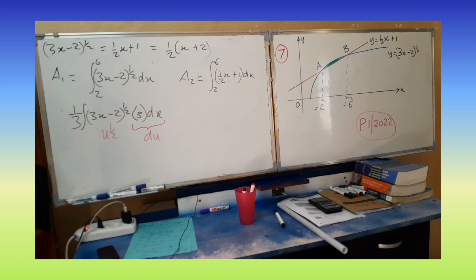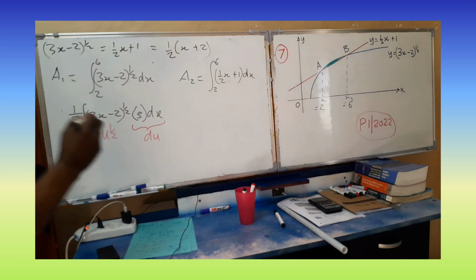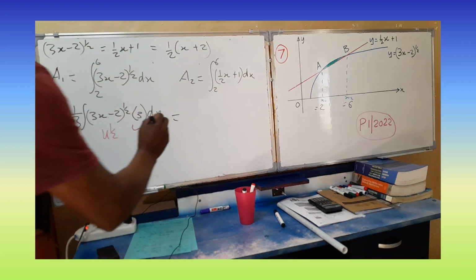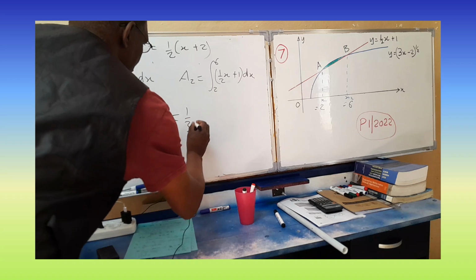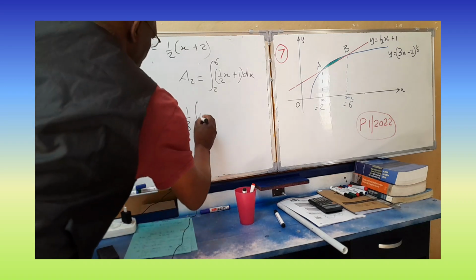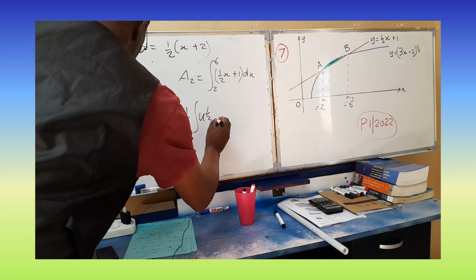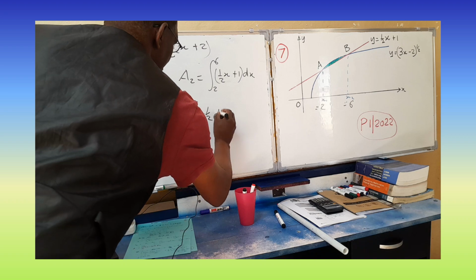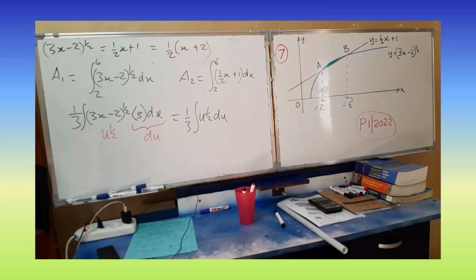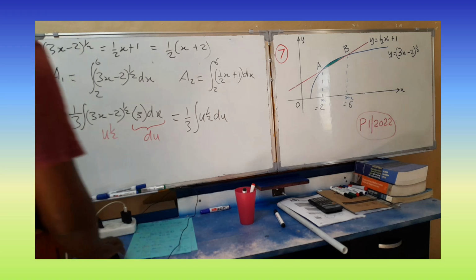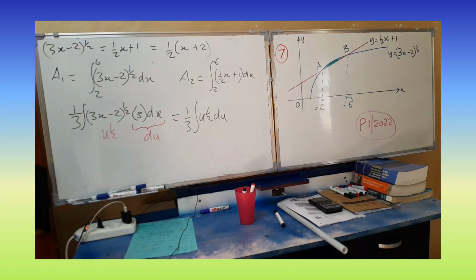So our integral now becomes, nice and cute, 1 over 3 integral of u to the power a half du. Just like that. Now we can simplify everything. But before we go to integrating this, let's introduce the limits.